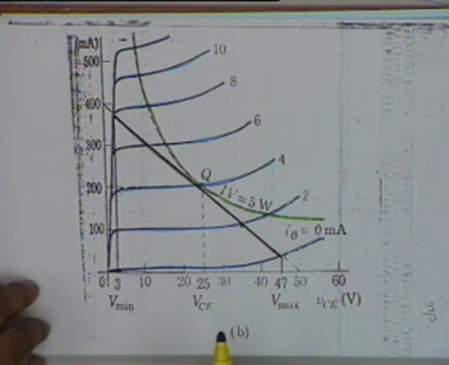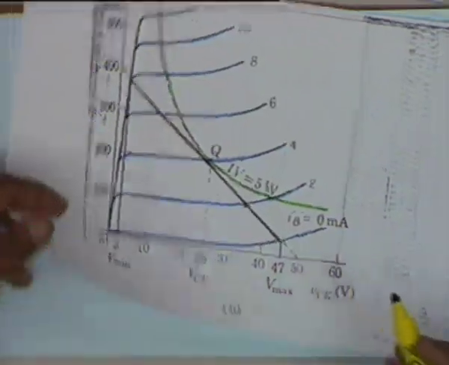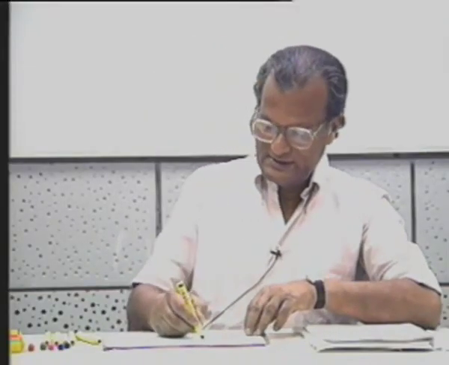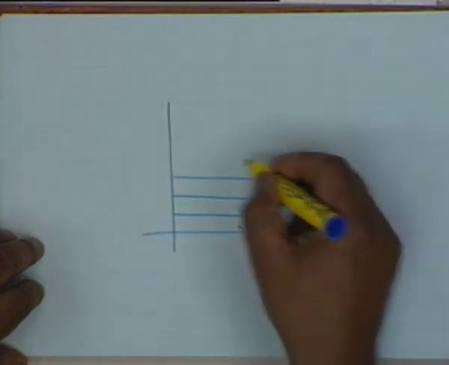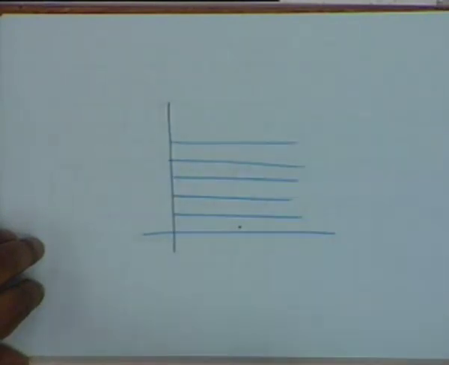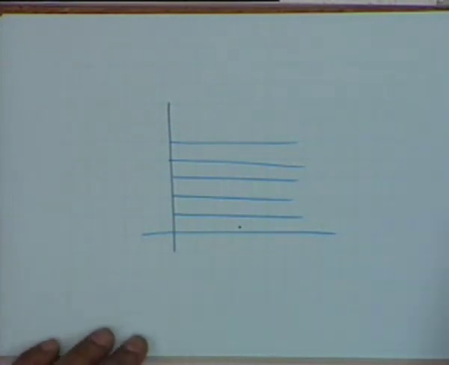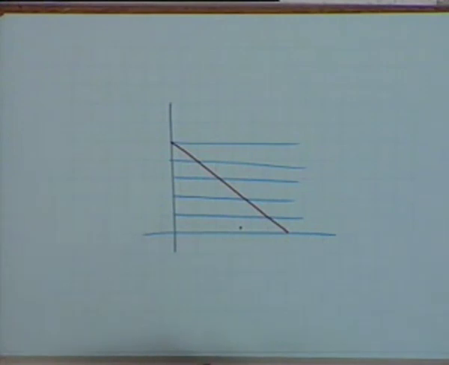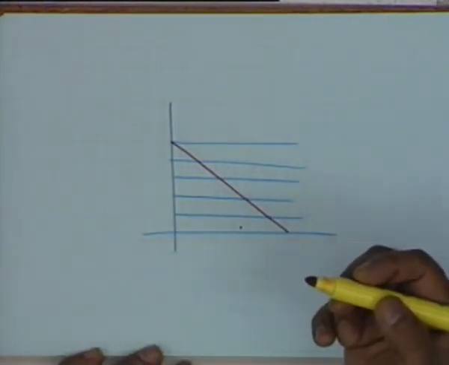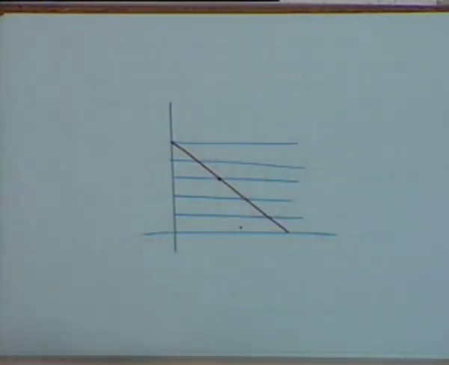Suppose we go to an extreme. Consider ideal characteristics. Ideal characteristics would be like this and suppose your load line is this. As I said, there are many choices of Q point. Q point could be here, could be somewhere here, and you could arrange so that for all times the collector current flows.